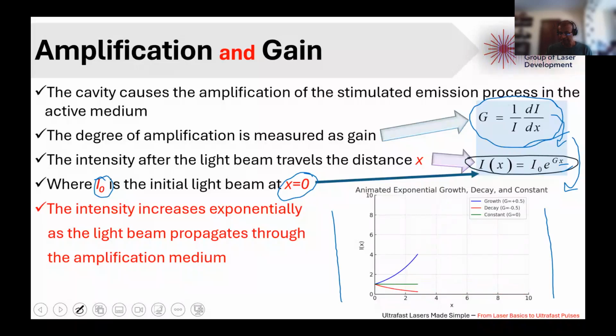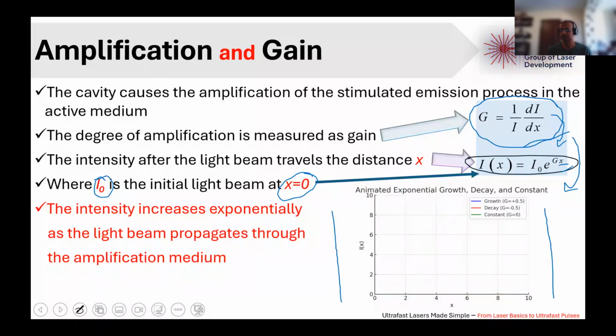So there are three lines you have seen here. The blue one, when you see the colors, is when G is plus 0.5. The red one is decay actually, when G is minus 0.5, and the constant is when G is equal to 0.